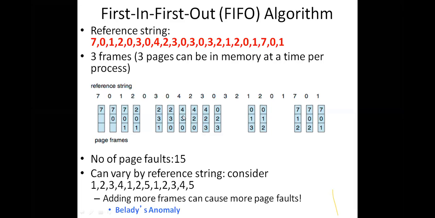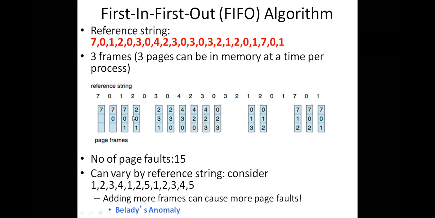In the case of FIFO, if we allocate 3 free frames for the process, that means we can keep 3 pages of a process. So if we increase the free frames to 4, what will happen? The number of page faults needs to decrease.